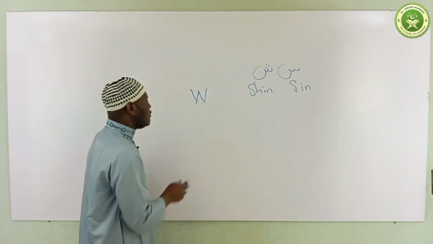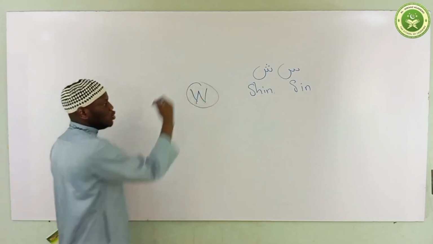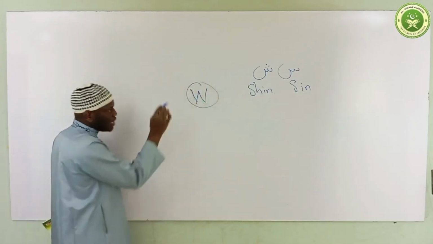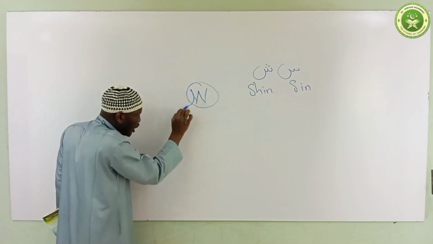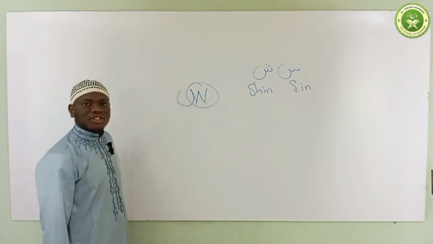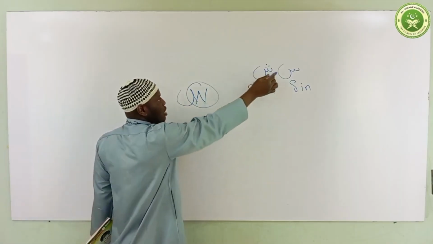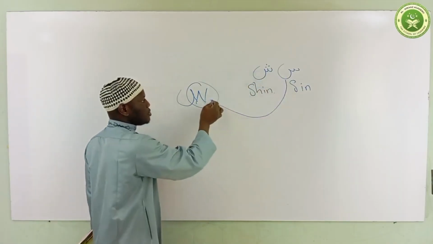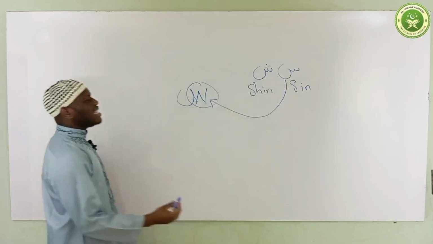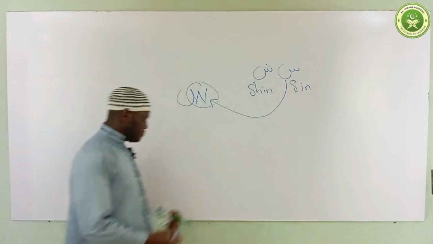Now for this W family, if you look at this list, we see this is our alphabet W. Just look at it. If I just place this curve here, Shin, what does that give us? It has given us this particular one. Can you see? So as I said, it is the W family.